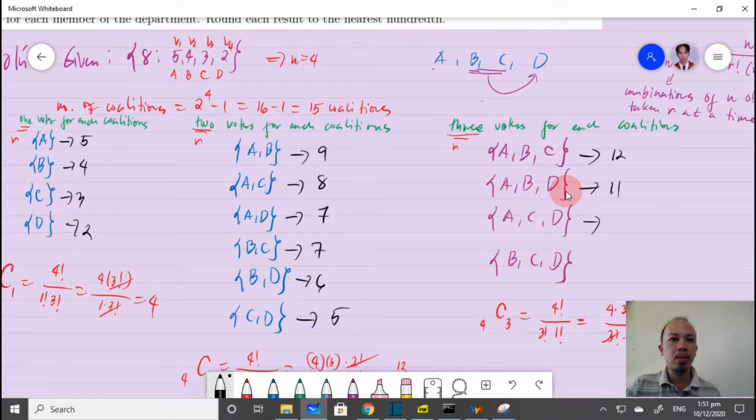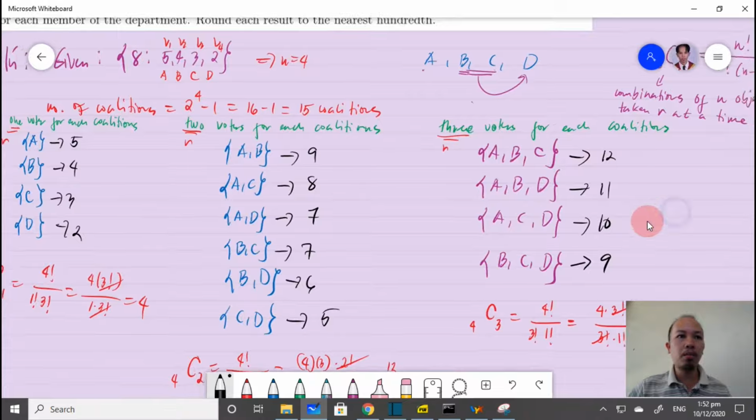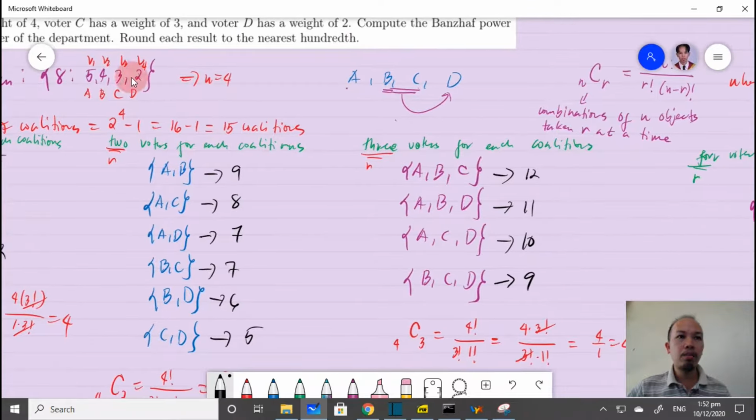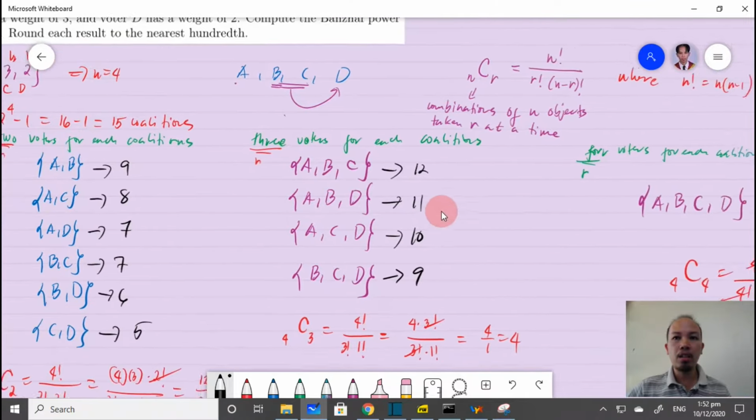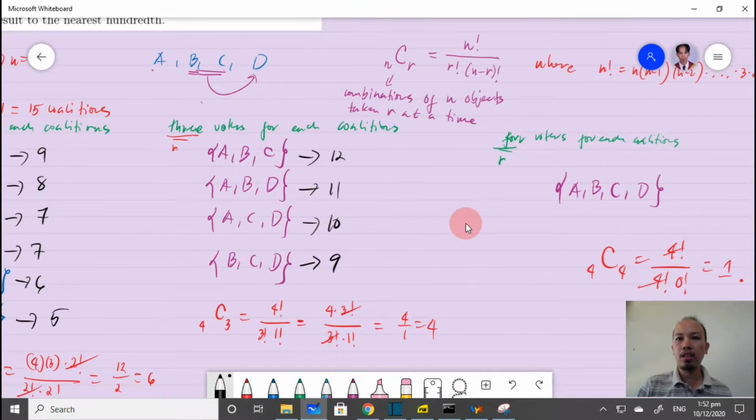ACD is A, 5, plus CD, 5, which is 10. BCD is BC, 7, plus D, 2, which is 9. And the last one, if you add them all, we have 5, 9, 10, 11, 12, 13, 14. So this is 14.